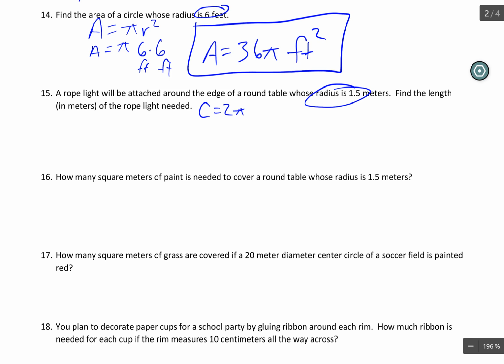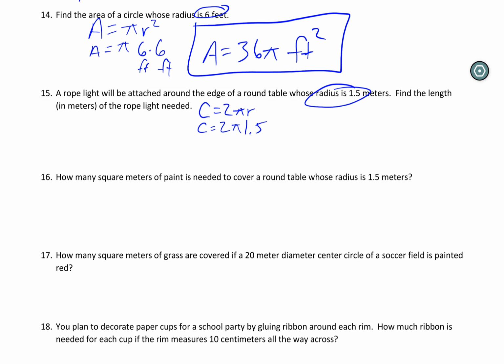And so when I look at my MVP, it's going to be circumference equals 2 times pi times radius. So I don't know the circumference, and 2 and pi are just numbers, times radius, which is 1.5 or 1 5/10. So now this is all multiplication, 2 times pi times 1.5.